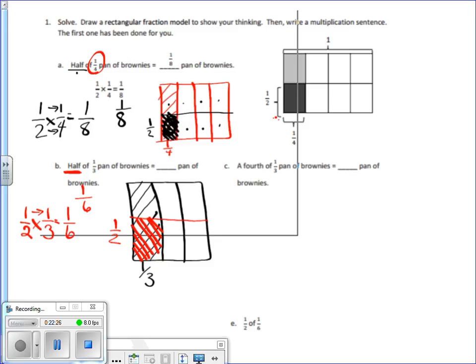1/4 of 1/3 a pan of brownies. Rectangle. How many sections are we going to do? 3. How many am I going to color in? 1.